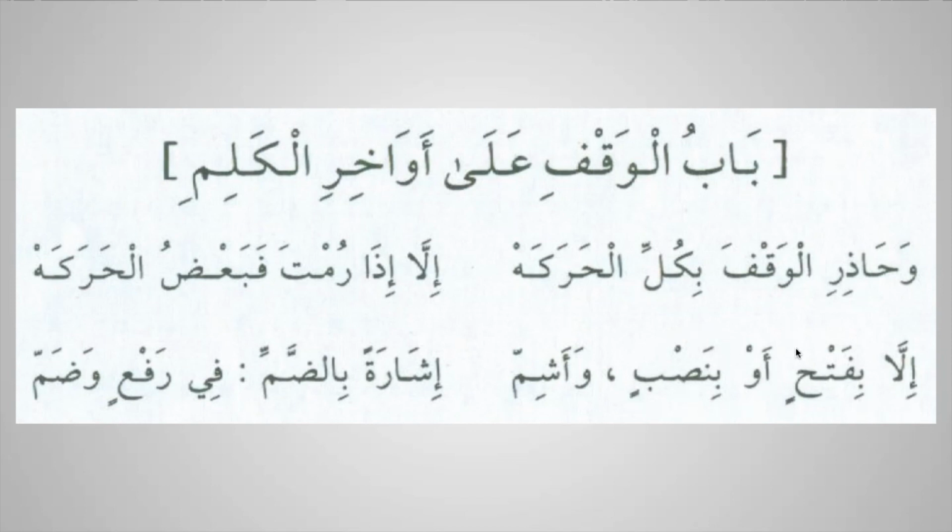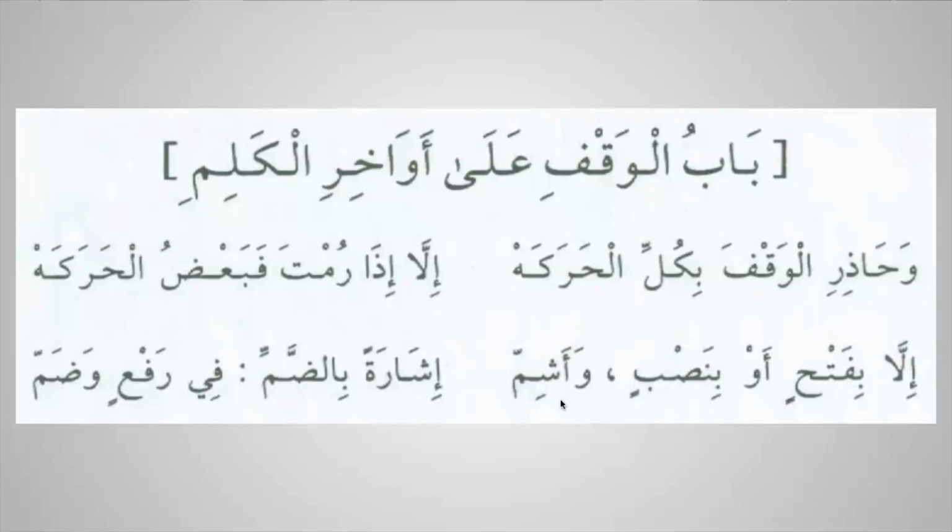And the reason he mentions these terminologies is just to be inclusive of everything in nahu, because some words may be mansoob with fatha, but some words may have a fatha, but it's not because it's mansoob, it's because it is mabni, it is built on that harakah. So he just uses both terminologies to include everything that has fatha on it.